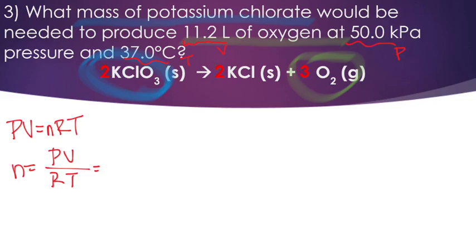And our pressure here was 50 kPa. Our volume was 11.2. And our temperature is going to be 310. Oh, and I need my R value as well. What units do we have? kPa, so that's going to be our 8.31 along with that 300 Kelvin.